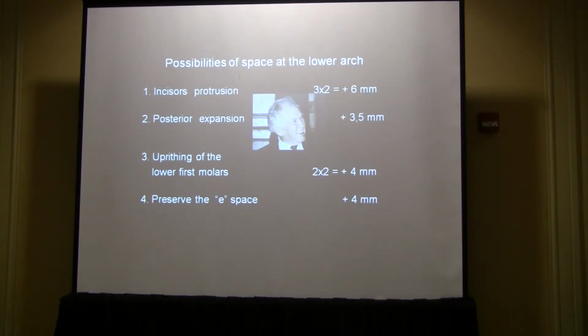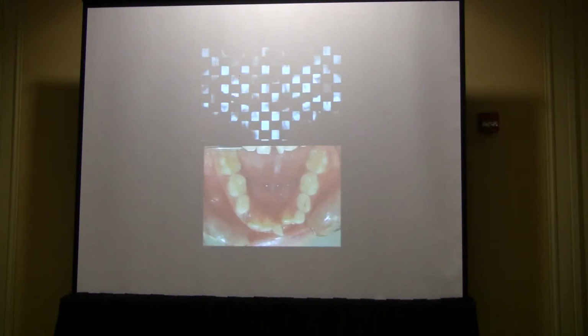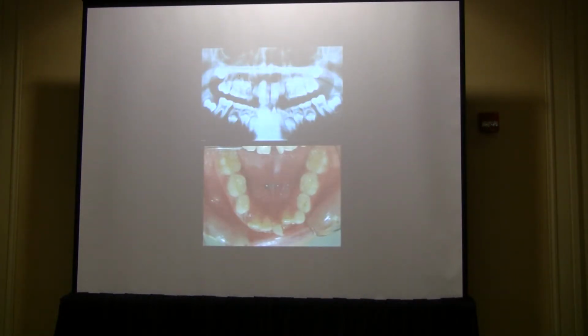So, in a hypothetical clinical case, we will be able to obtain a lot of space, having the possibility to develop a three-dimensional mechanics supported in a therapeutic system of possibilities through the fourth dimension, time. And timing is treatment opportunity.